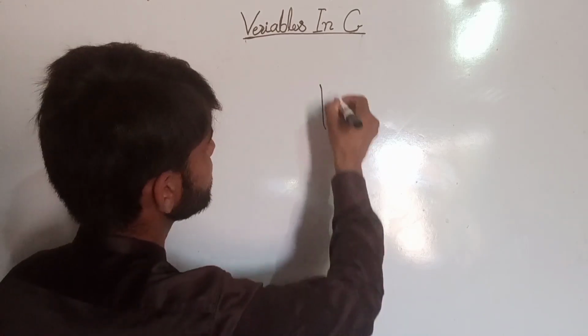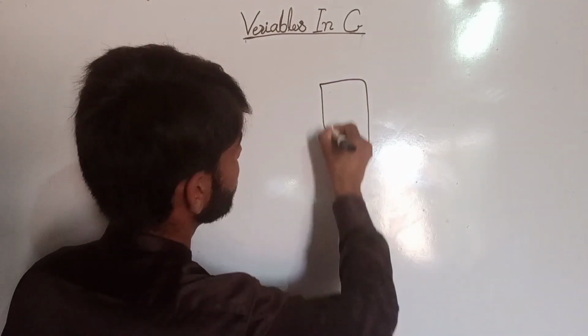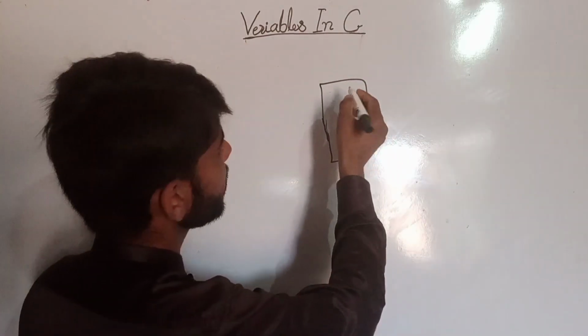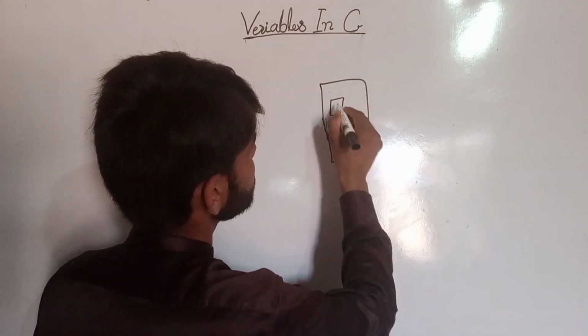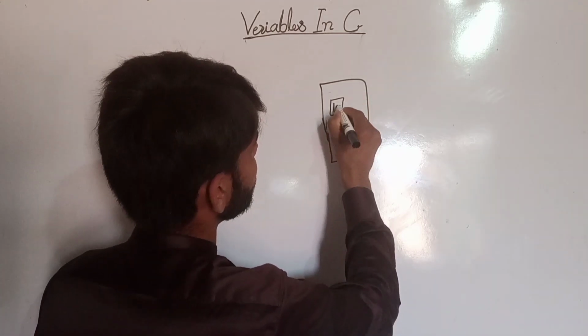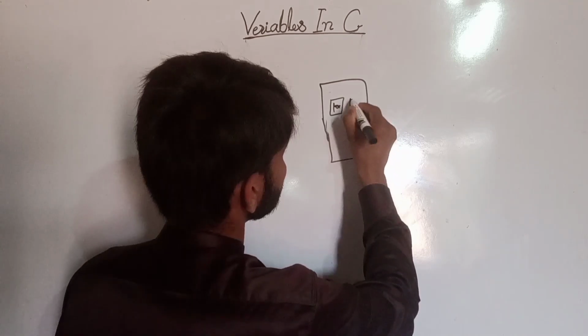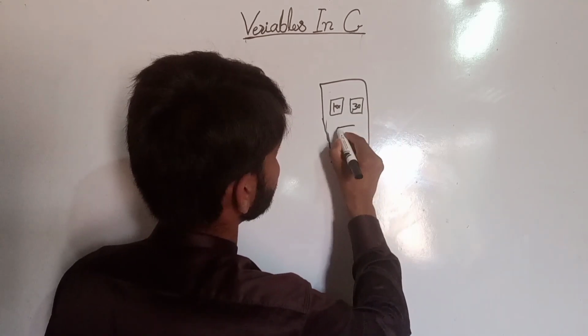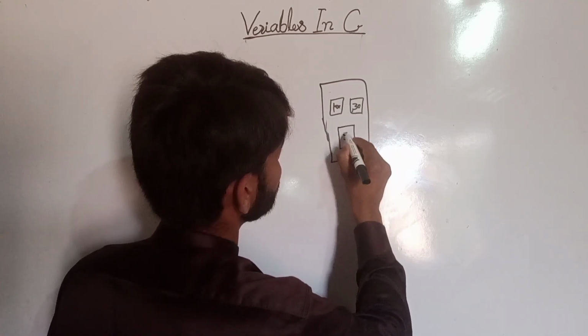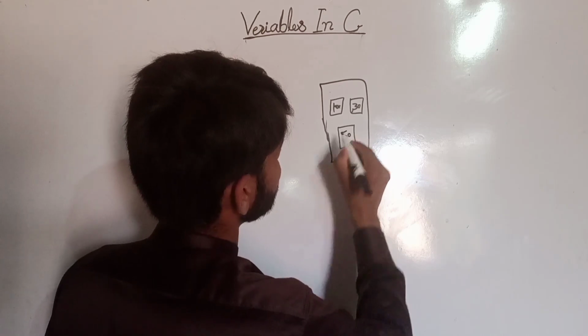let's suppose this is the computer memory, and here you store values. The first value is 10, the second value is 30, and the third value is 50.